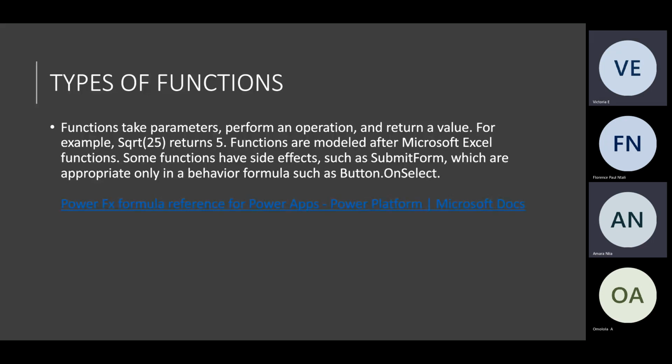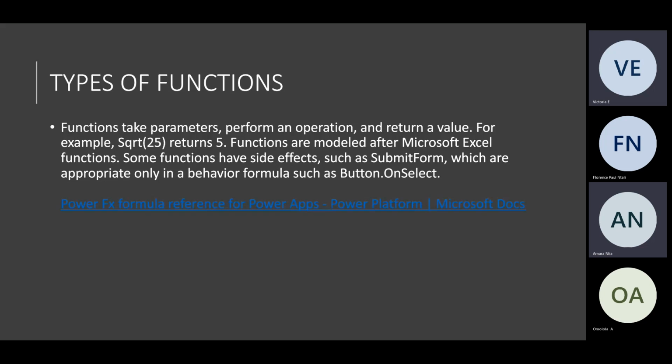So functions take parameters, functions perform an operation, functions return a value. For example, when you say square root of 25, we're asking, what is the square root of 25? And mathematically, we know that square root of 25 is 5. But the way you write it in mathematics is actually different from this.